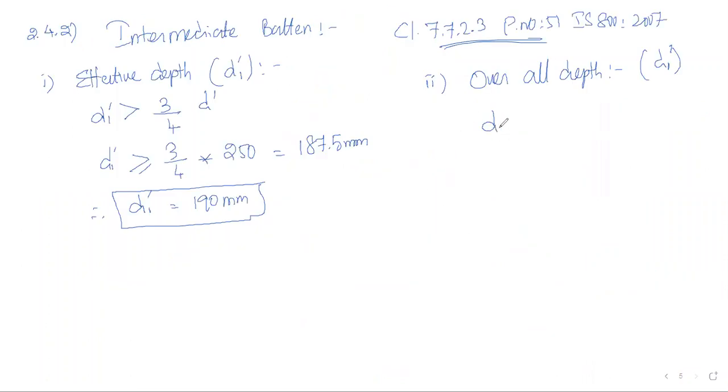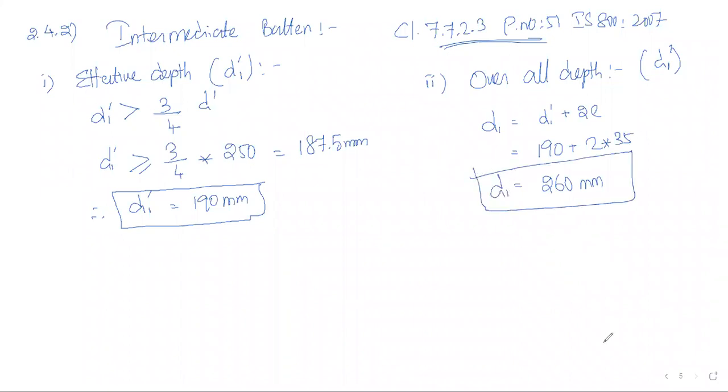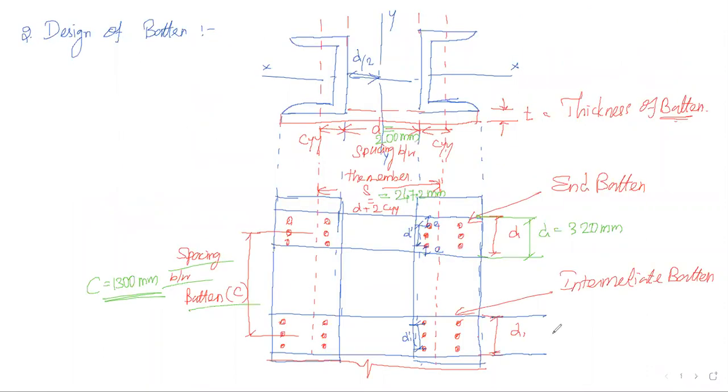So overall depth D1 is equal to D1 dash plus 2 times E. So 190 plus 2 into 35 mm, so 260 mm is the overall depth of intermediate batten. So I am going to mention in the diagram D1 is equal to 260 mm. So all these things are over.